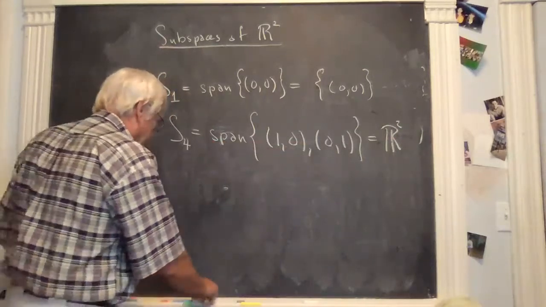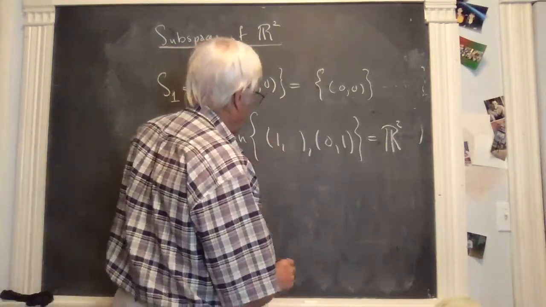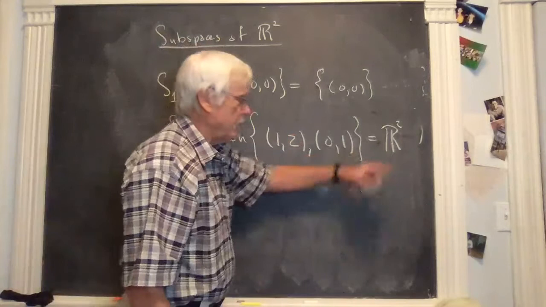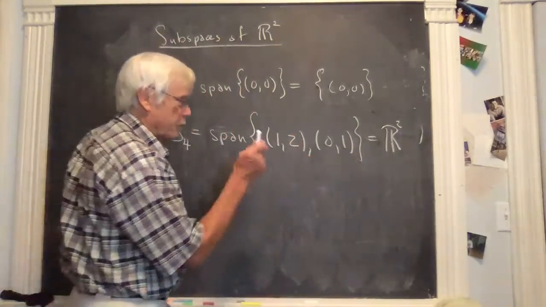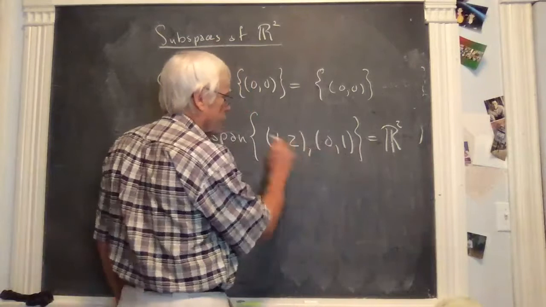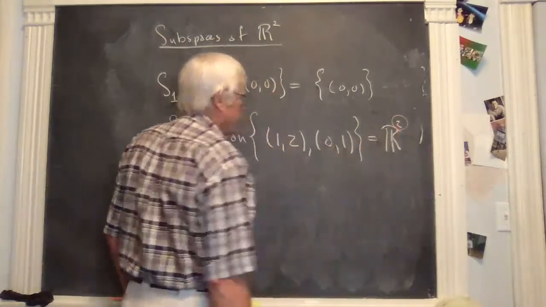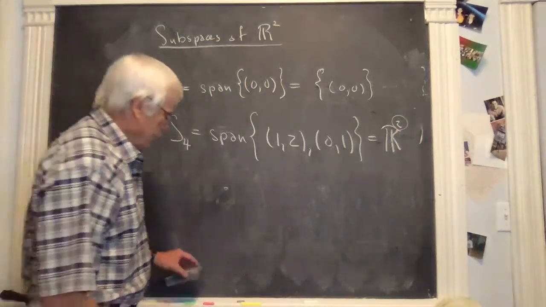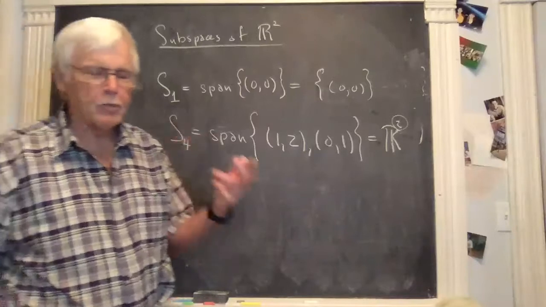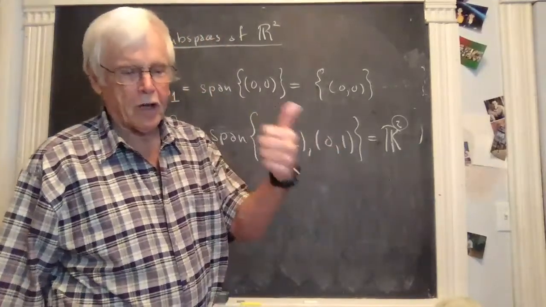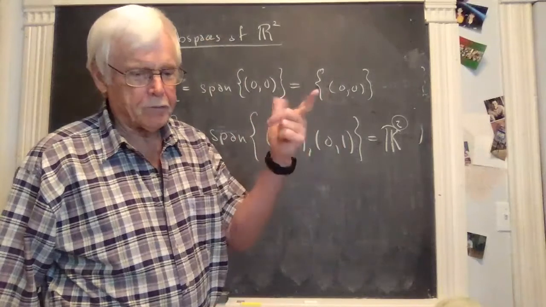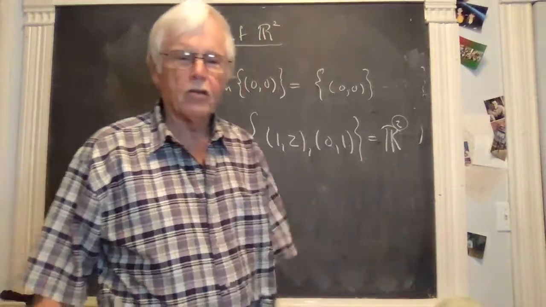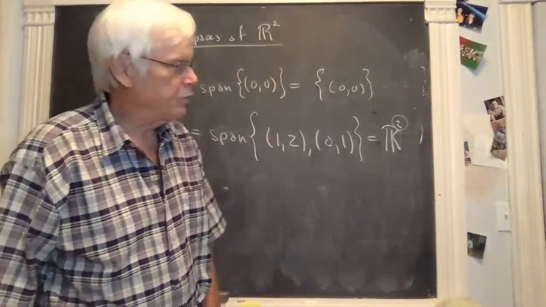But if you would take another linearly independent set of 2 vectors, like (1, 2) and (0, 1), the span of these two is, again, everything, because from the unifying theorem, if these are linearly independent and you're in R2, the span is R2. So there are only 3 categories of subspaces of R2. The origin itself, the whole plane itself, and there's only one thing in each category, but then any line containing the origin is also a subspace.